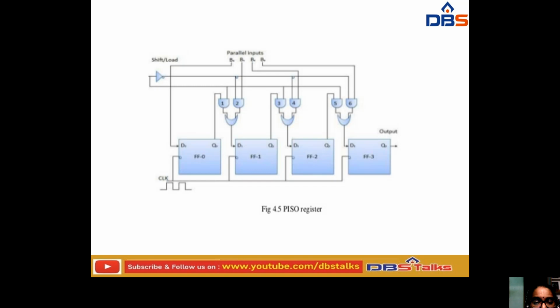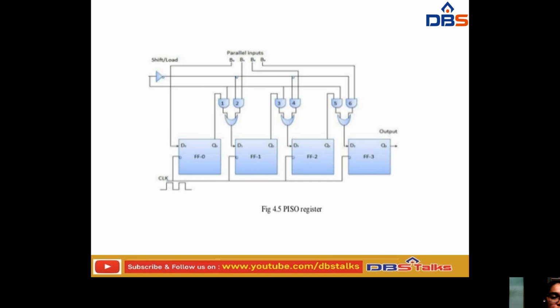This is the clock signal. Parallel means we take the input parallelly, and from this we get the output serially. That is, first we get this output, next this output, next this output, and again this output. Just like that we get the output there.